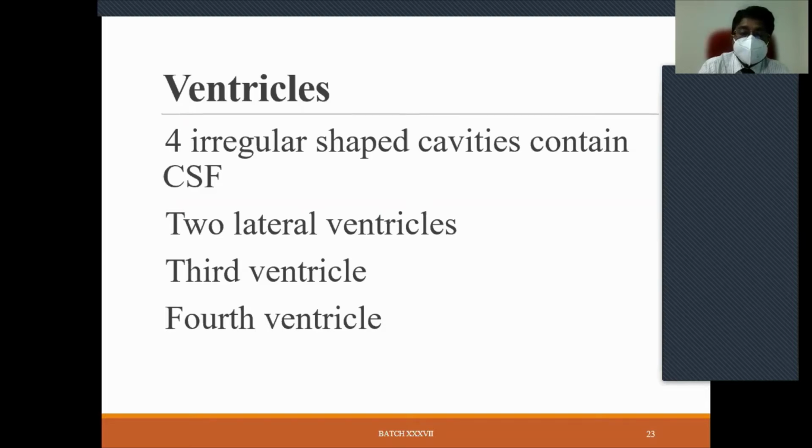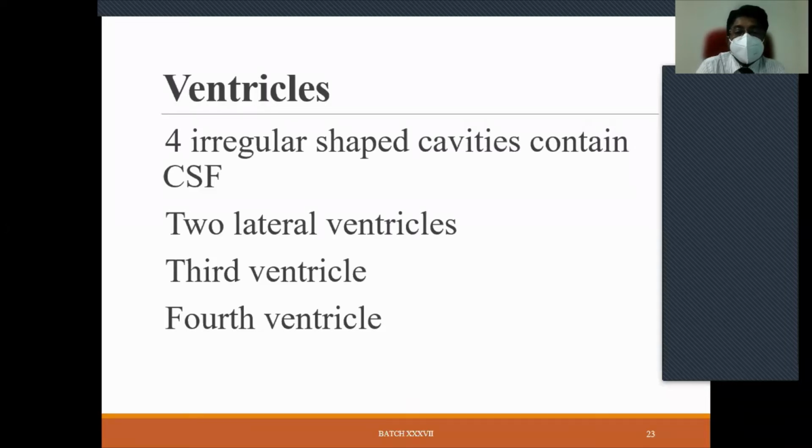These ventricles are filled with cerebrospinal fluid, and the ependymal cells help the movement of cerebrospinal fluid. So let's see what these ventricles found in the central nervous system are.